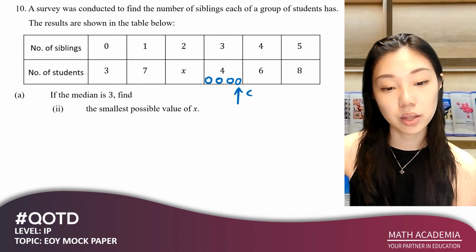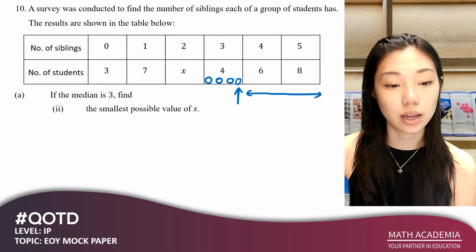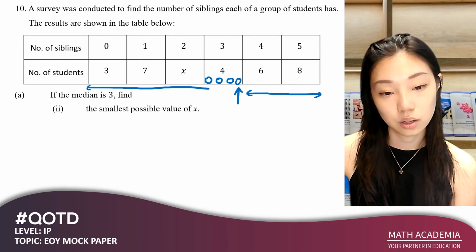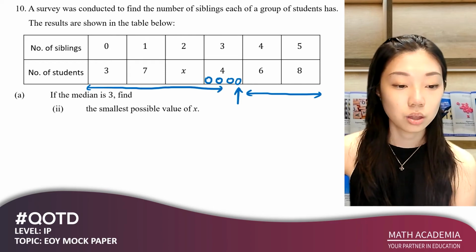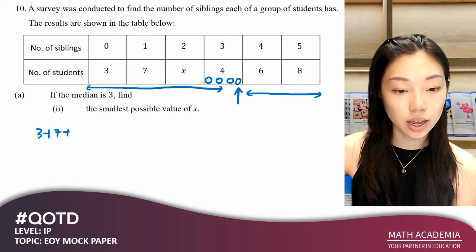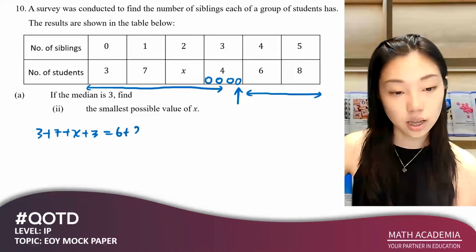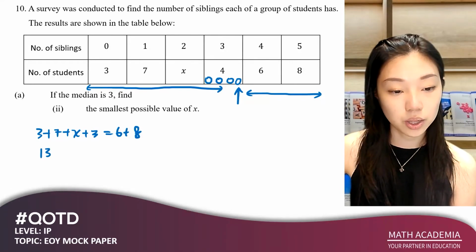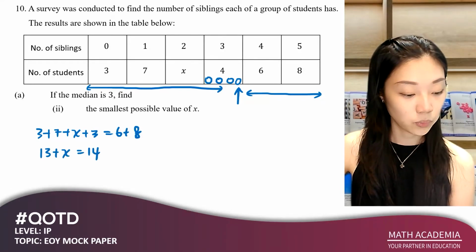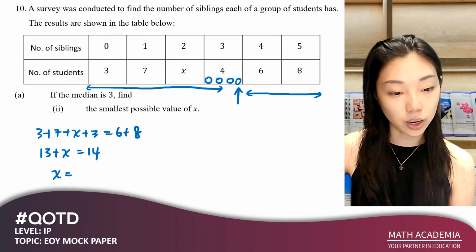So there is the same number of students here and here. So 3 plus 7 plus x plus 3 equals 6 plus 8. So 13 plus x equals 14, x equals 1.